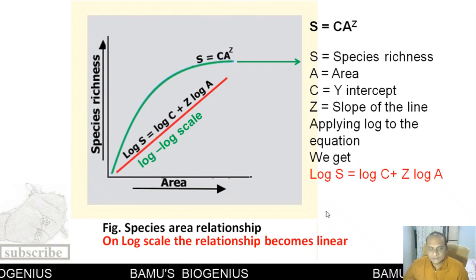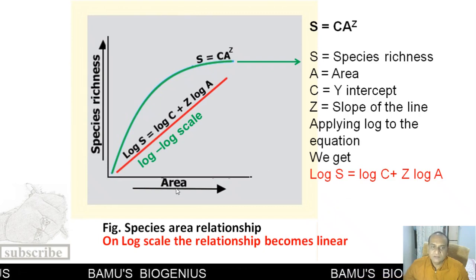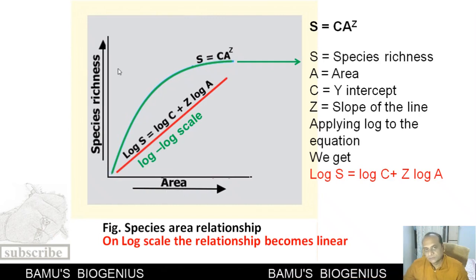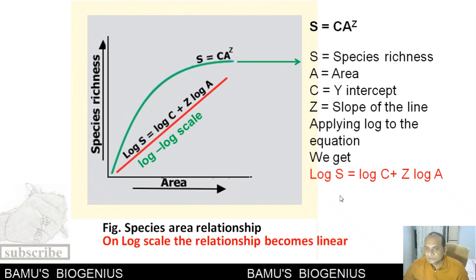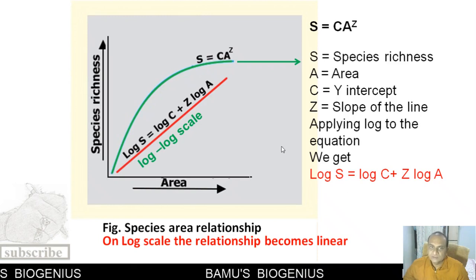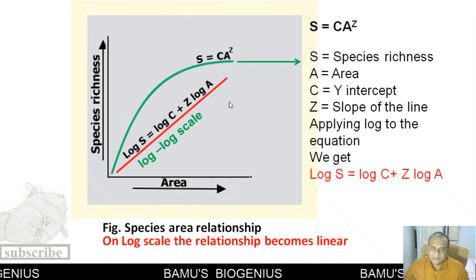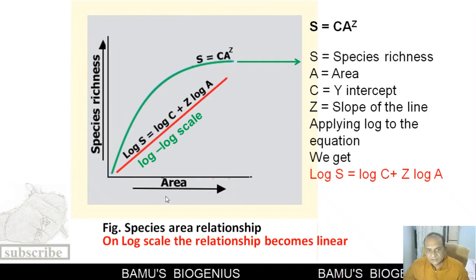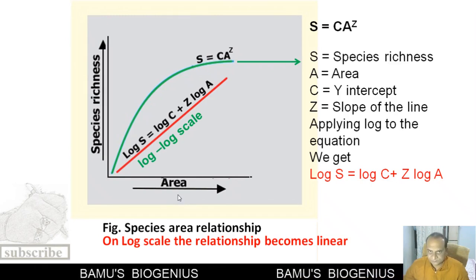So in this straight line, you can see here, we can show clearly the relationship between the area and species richness. This is the importance of applying a log-log scale to the equation, so that the curve becomes linear, and now we can very easily show the species-area relationship.